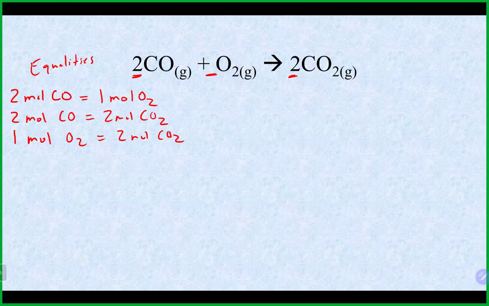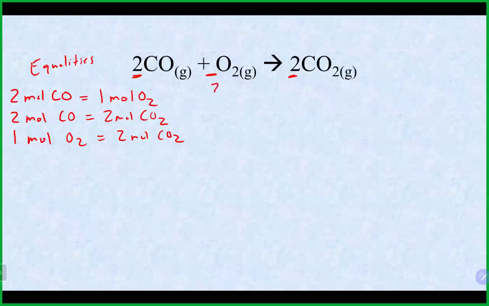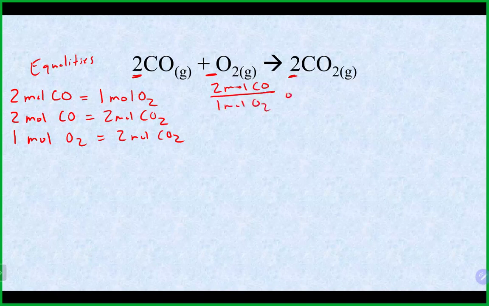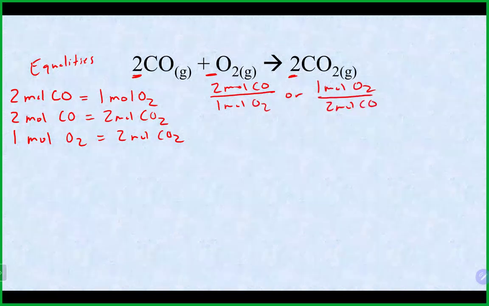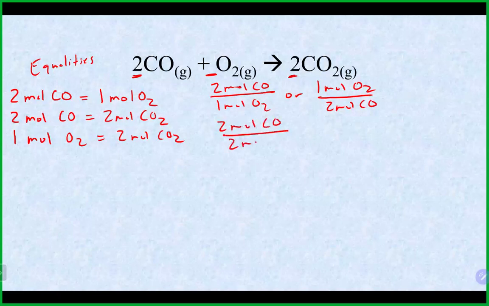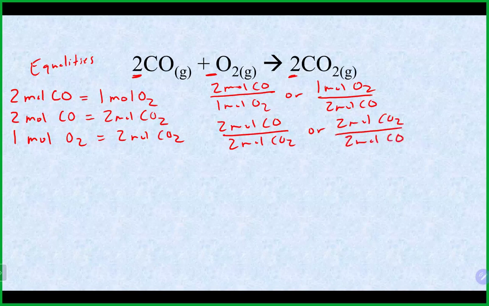So for example, for the first one, we could say 2 moles of CO over 1 mole of O2, or 1 mole of O2 over 2 moles of CO. For the middle one, we could say 2 moles of CO over 2 moles of CO2, or flip it around, 2 moles of CO2 over 2 moles of CO. And lastly, we could say 1 mole of O2 over 2 moles of CO2, or 2 moles of CO2 over 1 mole of O2.